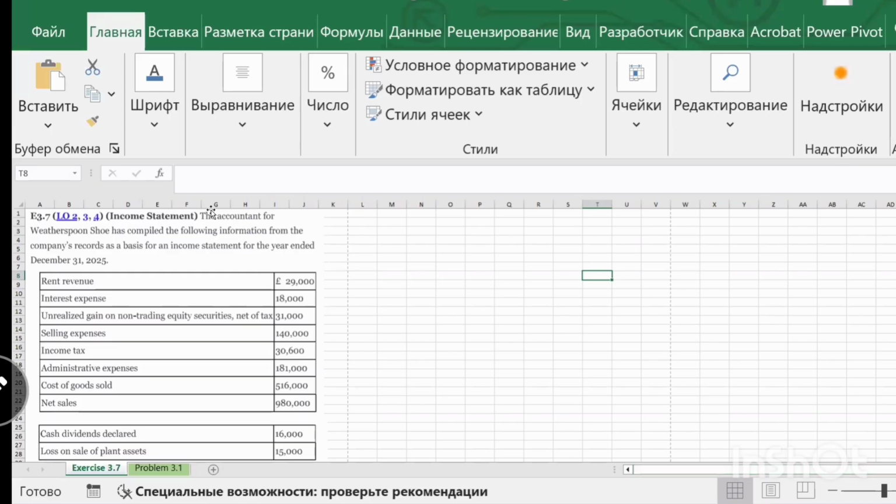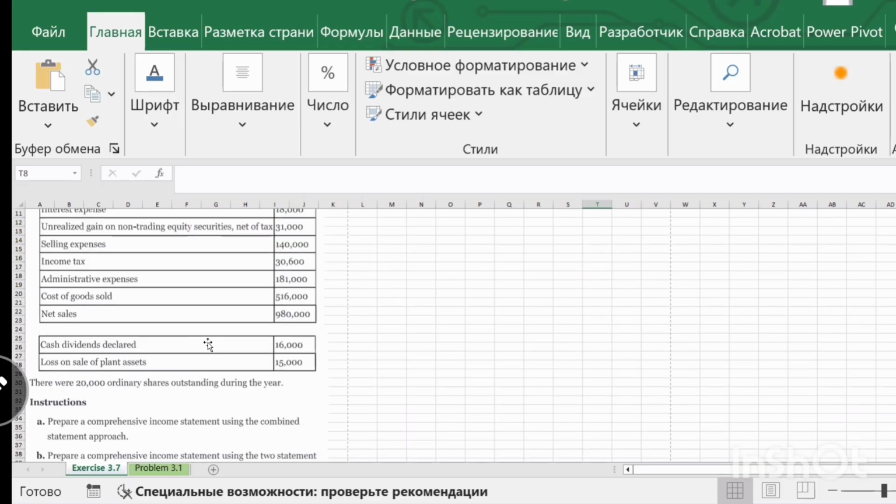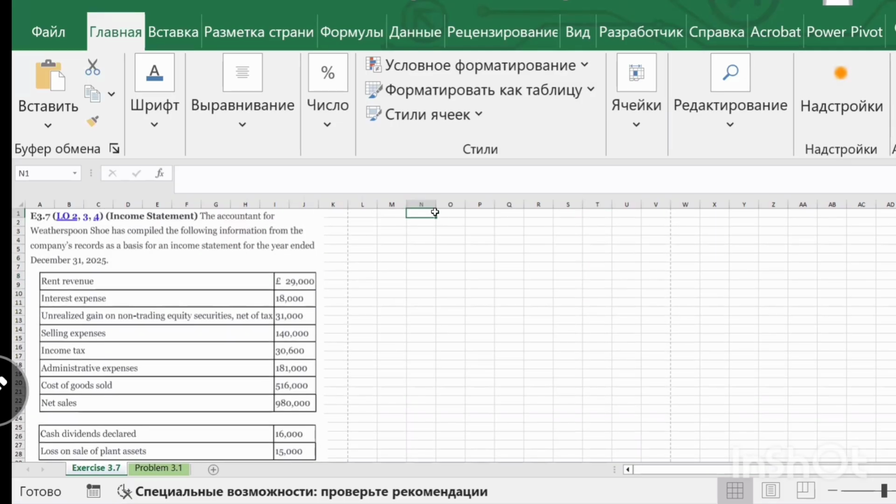You can see my Excel file, and in the left corner you can see this exercise. Firstly, we should remember that before starting any financial statement, we should write the name of the company whose statement it is. So it's Weatherspoon Shoe company.